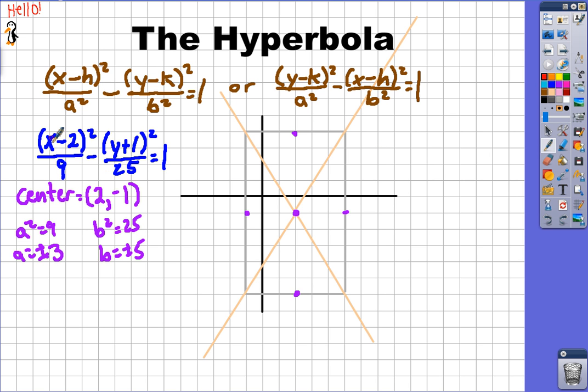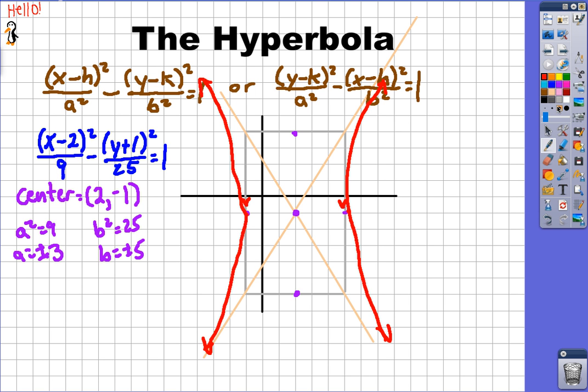Remember, the x squared term was first, so that means these are the two vertices, which means our graph's going to look, again, like this. Very stretched out. Going downhill with my hand is very hard to do with this pen. Getting used to it. Woo! And that's my very ugly looking graph.